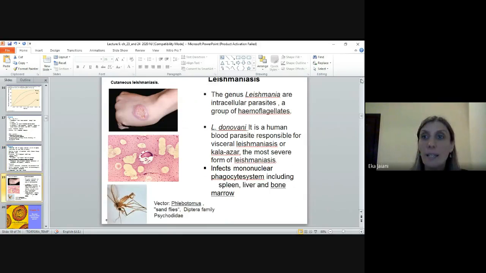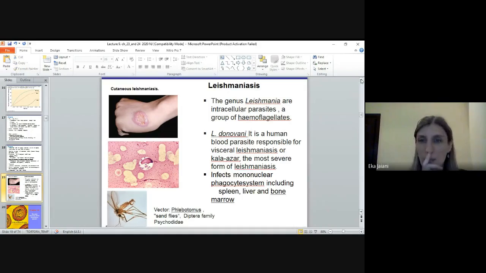So, Leishmania, I did not exclude this from the lecture. Leishmania is also quite widespread in tropical and subtropical areas, and actually we have leishmaniasis in Georgia as well. Reservoirs are animals like dogs, stray dogs, and the Phlebotomus sandfly transmits this Leishmania to humans, and it can lead to skin lesions.